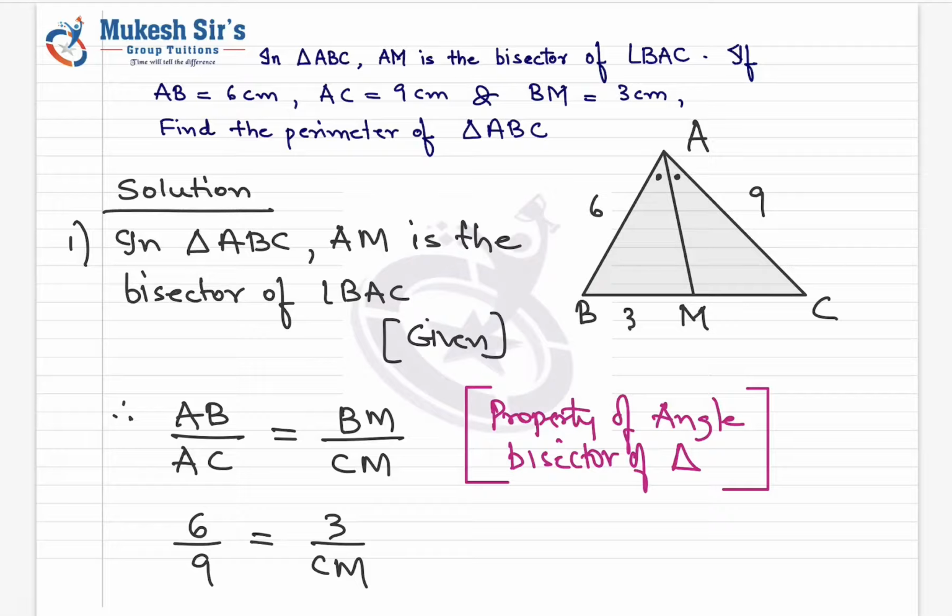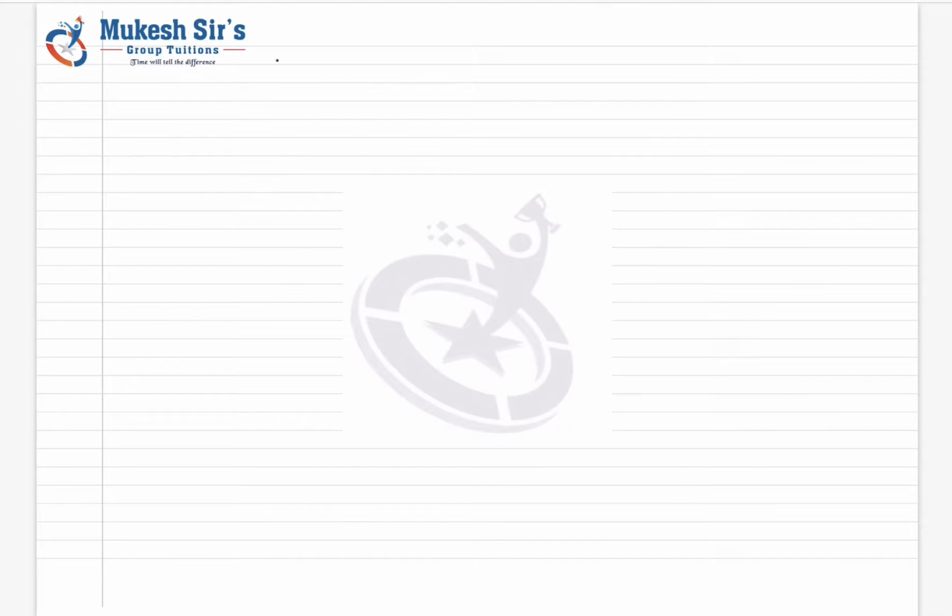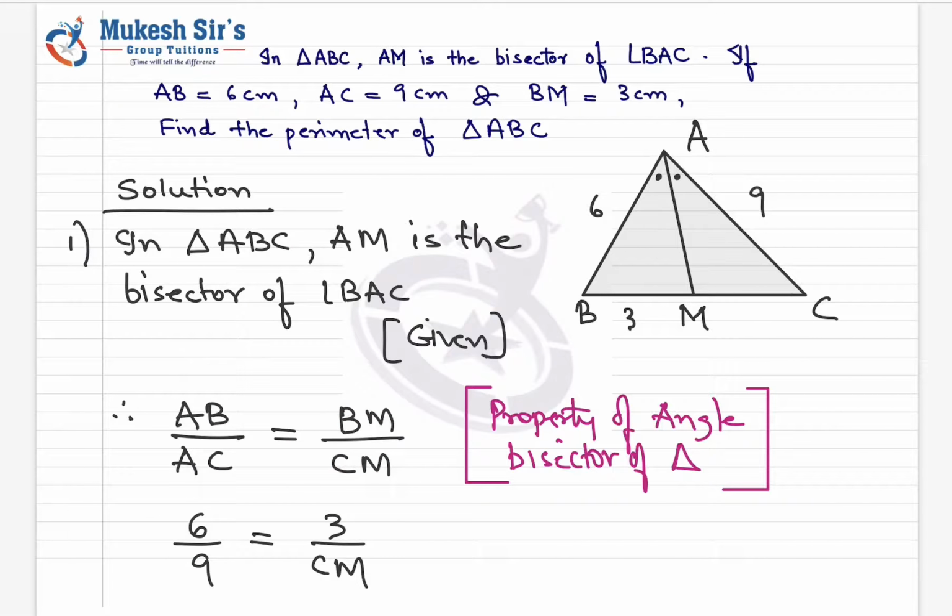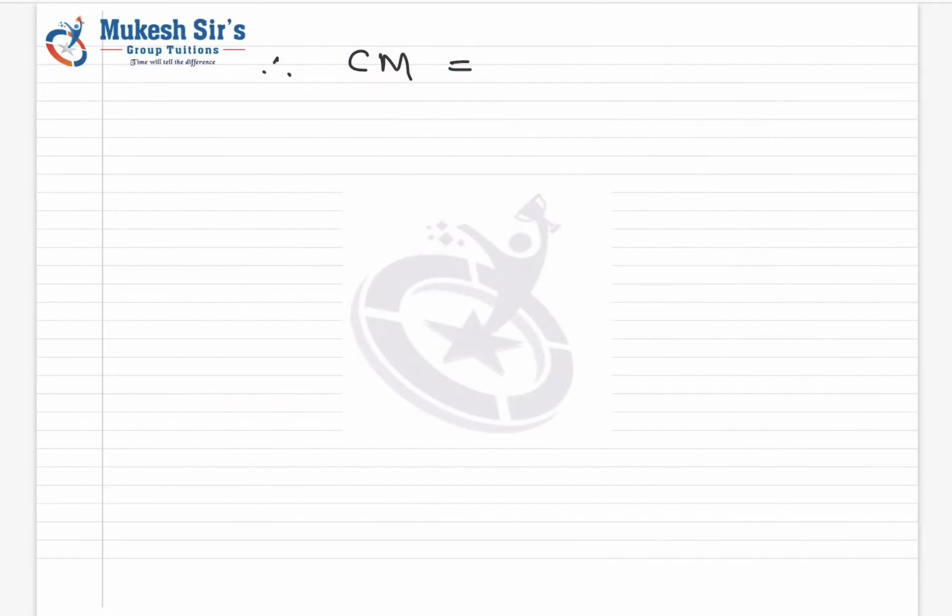So cross multiply. When you cross multiply, you get CM is equal to, therefore CM will be equal to 9 into 3 upon 6. Okay? So this gets cancelled, and 9 upon 2, that will give you CM is equal to 4.5 centimeters.